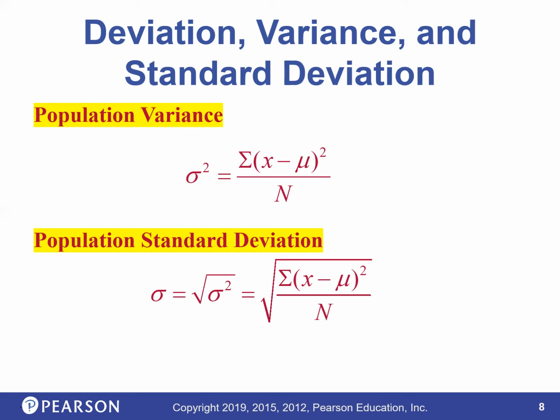Variance gets you to one level. Standard deviation just says take the square root. So same formula, same everything. You just take the square root of the top formula to get standard deviation.